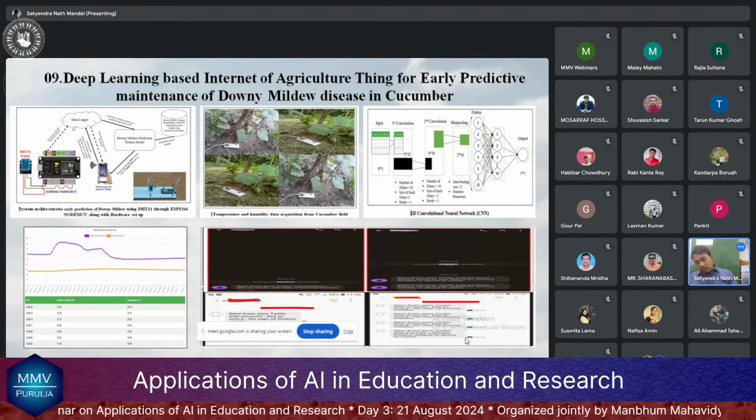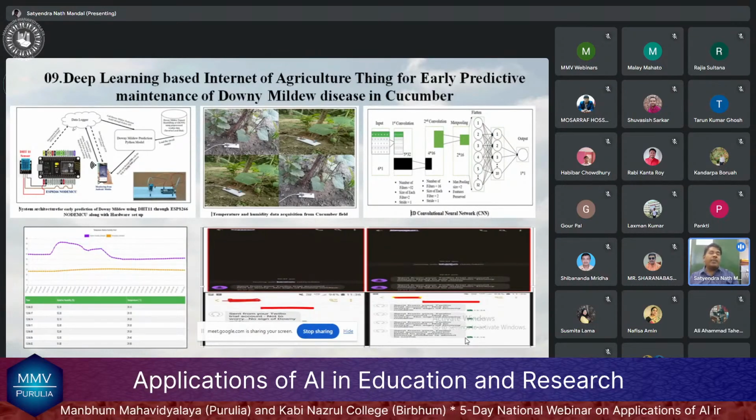Now, all the work before was based on images, deep learning, and machine learning. Now we collect environmental data using our IoT model.